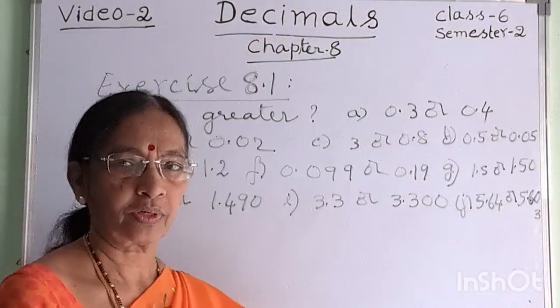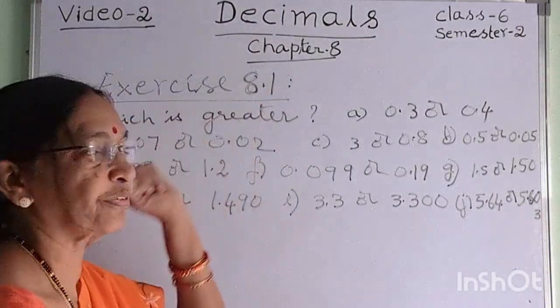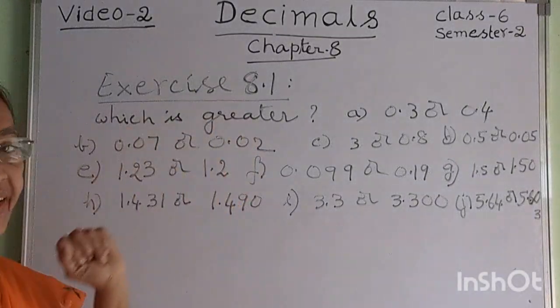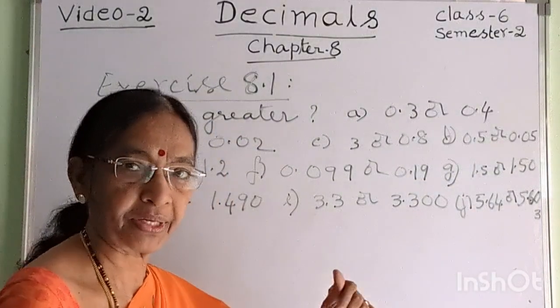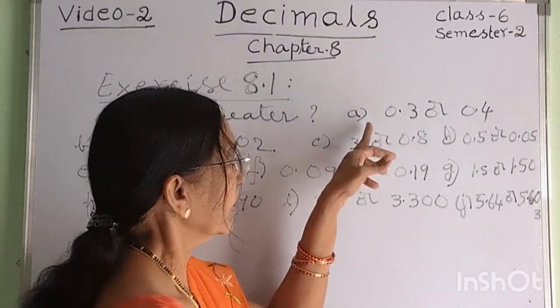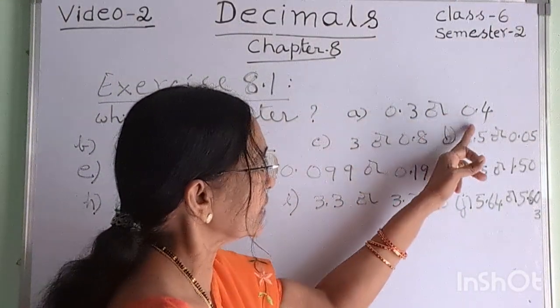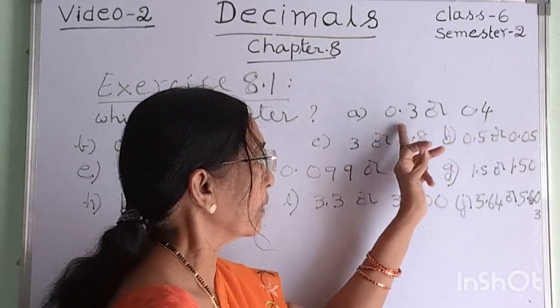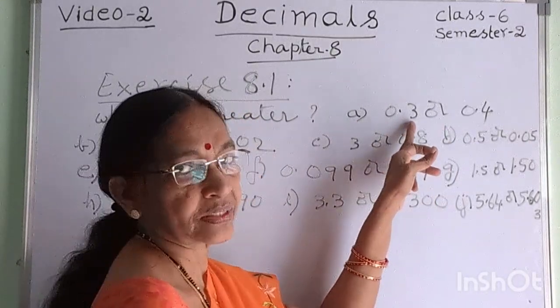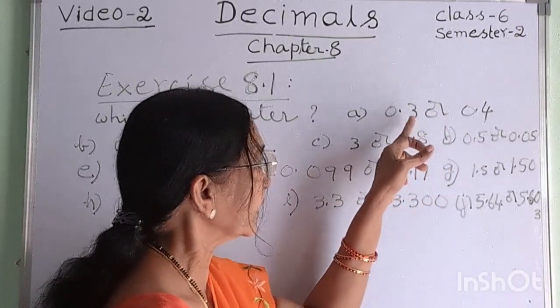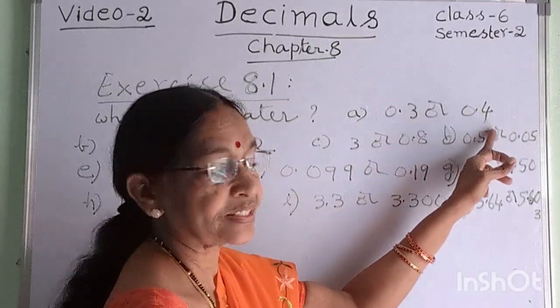Now coming to exercise 8.1, which is greater. We have to compare them and see which is greater. A, 0.3 or 0.4. Here in the ones place 0 in both numbers. In the first place after the decimal point, here it is 3, but here it is 4.